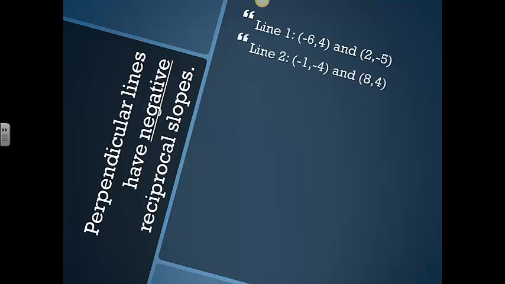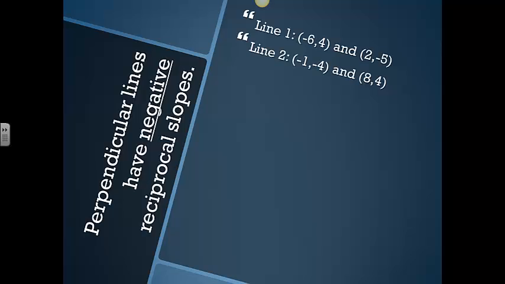We also know that perpendicular lines have a negative reciprocal slope. So let's see, reciprocal means that we take the fraction and we flip it, and negative means that we just use the opposite sign. Okay, so let's talk about these two lines. The first line has the points negative 6, 4 and 2, negative 5. And the second line has the points negative 1, negative 4 and 8, 4.